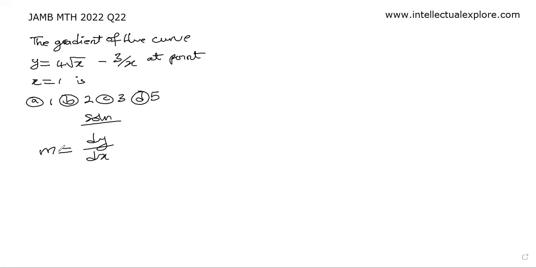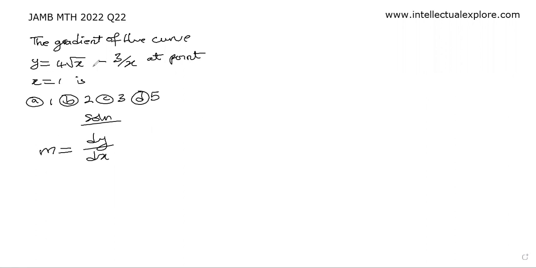So for us to find it, having been given the equation of the curve, if we differentiate it, the result of the differentiation will be the gradient or slope. Then when they say at the point x equals 1, after we differentiate it, we substitute x equals 1, and that will give us the exact gradient at that particular point.